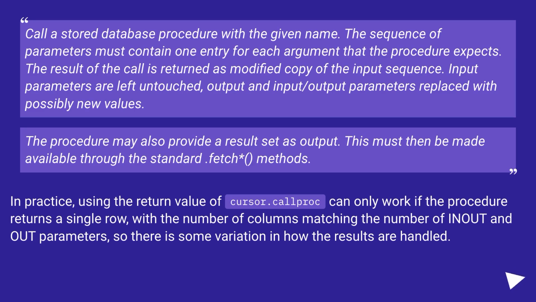The procedure may also provide a result set as output. This must then be made available through the standard fetch methods. In practice, using the return value of cursor.callproc can only work if the procedure returns a single row, with the number of columns matching the number of in-out and out parameters, so there is some variation in how the results are handled.